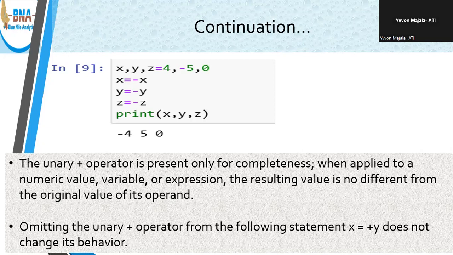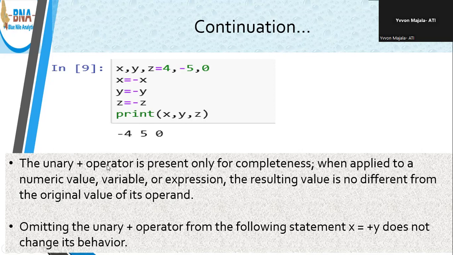The unary plus operator is present for completeness. When applied to a numeric value, variable, or expression, the resulting value is no different from the original value of its operand. This just talks about the operator.